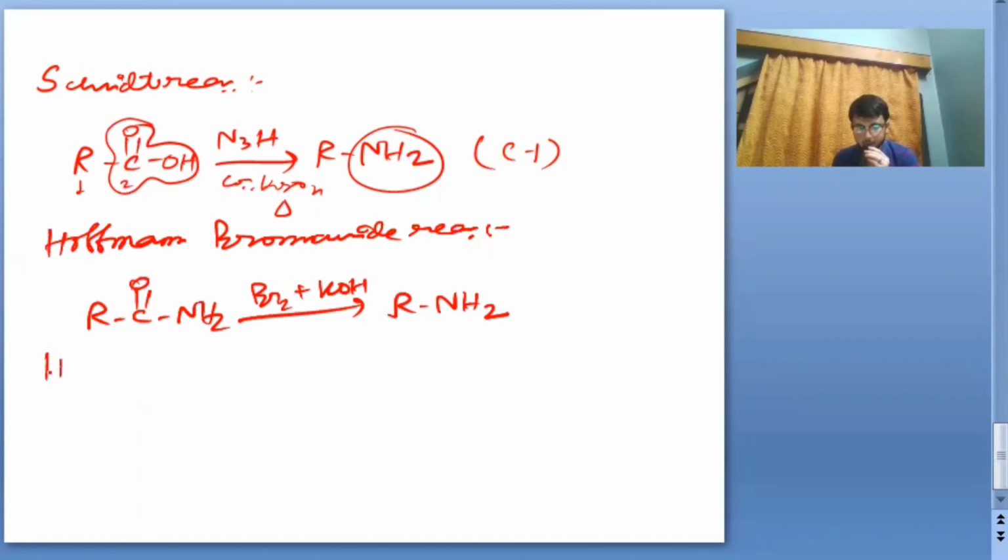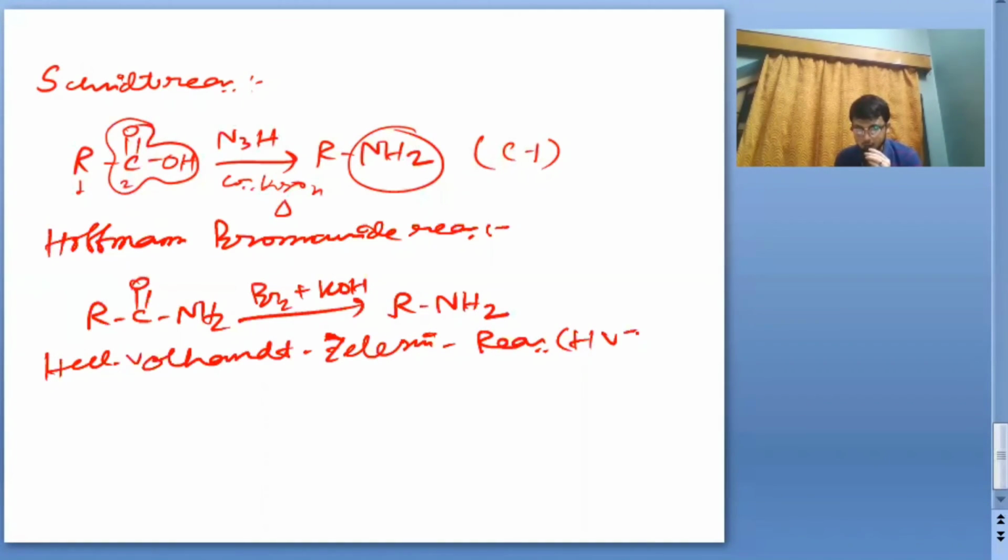Next is our Hell-Volhard-Zelinsky reaction. We also call it HVZ reaction. So what will happen? For this reaction to happen, there should be at least one alpha H adjacent to this COOH group.